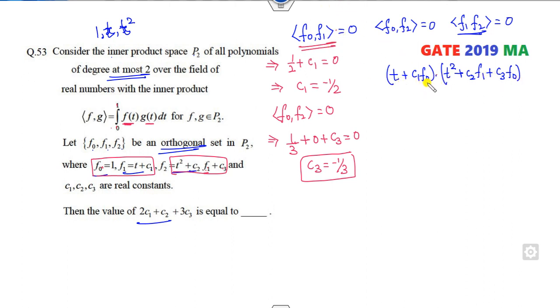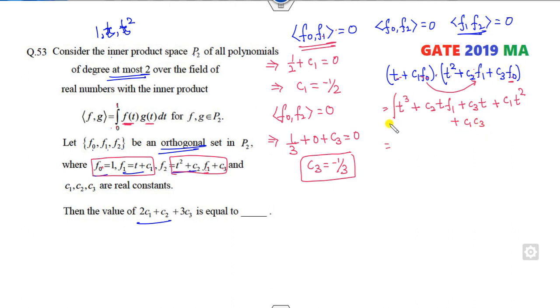When I multiply this portion into this, f1 f2 is 0. So if you multiply them, it's t cube plus c2 t of f1 plus c3 f0, which is 1. Now this portion plus c1 t square, this portion will be 0 and this portion will be c1 c3.